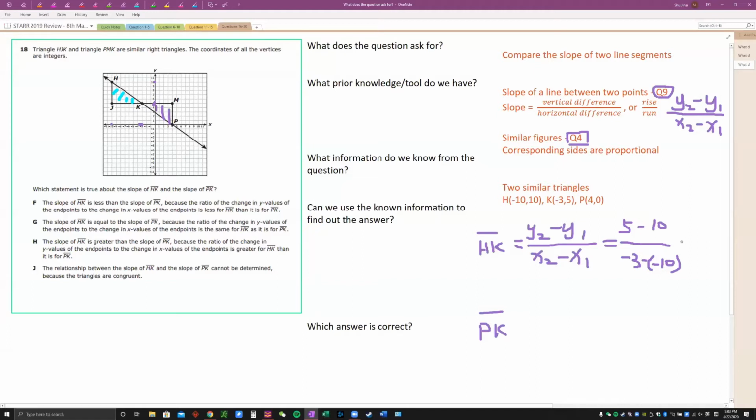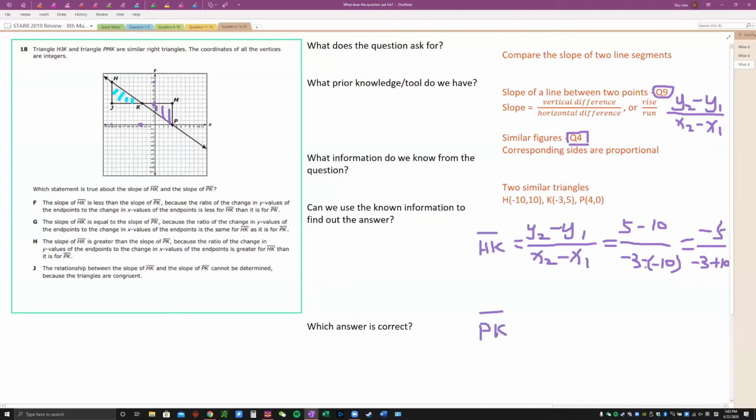Now, on the top, 5 minus 10 is -5. On the bottom, -3 minus -10. When you minus a negative number, it's like plus a positive number.